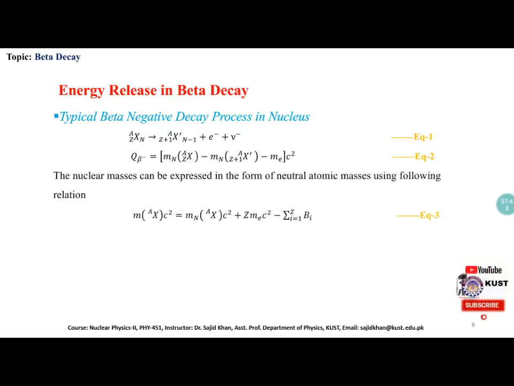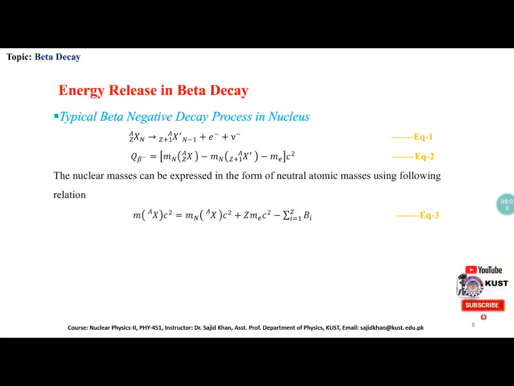Okay, but here I want to convert the nuclear masses into neutral atomic masses, because it's convenient and the tables are given for the neutral atomic masses. That is why I convert these nuclear masses into atomic masses.